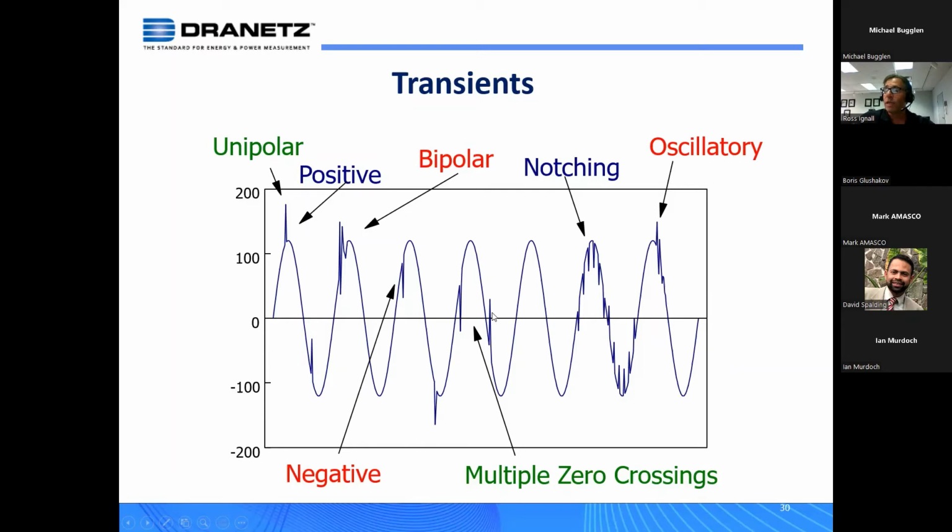Well, this transient and these transients over here are creating additional zero crossings. So basic circuitry that's counting zero crossings to get crude frequency measurements will be tricked by a transient here. So it's just something that you have to keep an eye on. Our instrumentation goes to great lengths not to be susceptible to stuff like this when it is measuring frequency. But of course, these are power quality issues that need to be reported by a capable power quality meter.